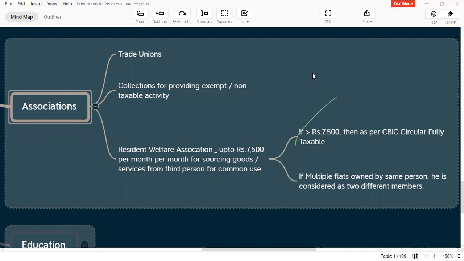Service provided by an NGO involved in industrial welfare to its own members for consideration in the form of membership fee up to, okay, this is something we are yet to discuss. If it is a Resident Welfare Association, it's 7,500.